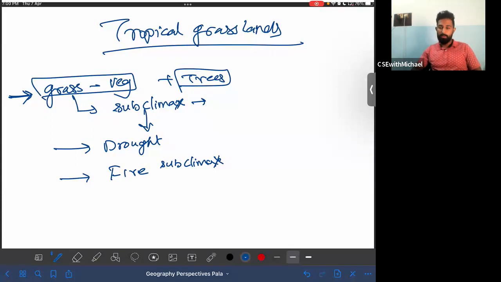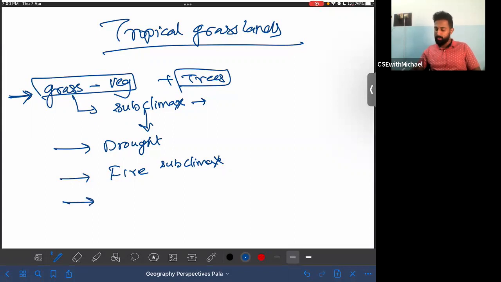The grass can recoup even after fire. For some trees, even grass, this is suited because it produces more manure and increases the fertility of the soil, but trees are not able to recoup. Trees have a longer growing period, so they cannot regrow again as grasses do. So fire is one thing.